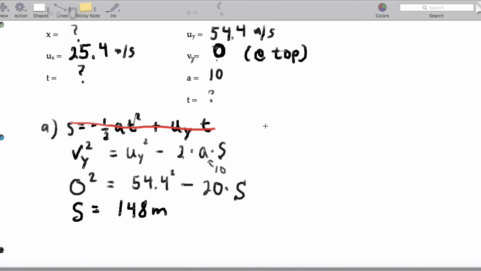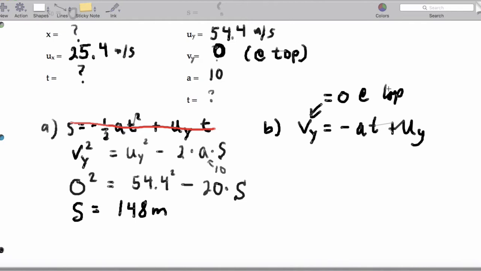Now for part B, let's use vy equals negative at plus uy. And here's what we're going to say. At the top, vy is 0. So that's going to give us 0 equals negative 10 times t plus uy, which is 54.4. And so this is going to give us the time to go up to the top. So let's subtract 54.4 from both sides.